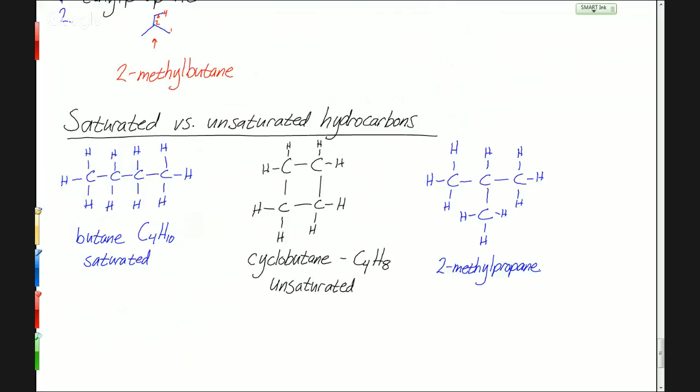It's an isomer of butane, so it's sometimes called isobutane. That's just a common name. Its formula is also C4H10, so that makes it saturated.